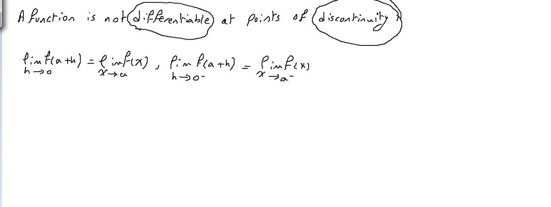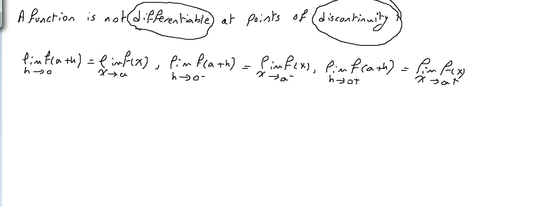Because f of a plus h, with h a little bit below 0, means it's 0 minus. And for sure, the limit of f of a plus h as h tends to 0 plus is the same as the limit of f of x as x tends to a plus. These three very important notes we should know. And this means the limit does exist.